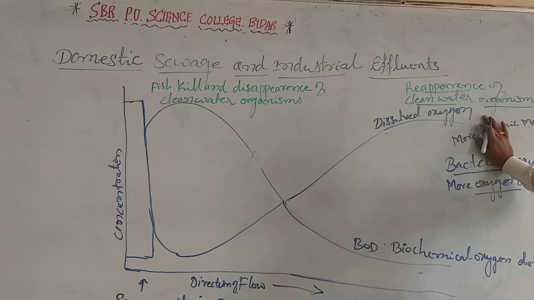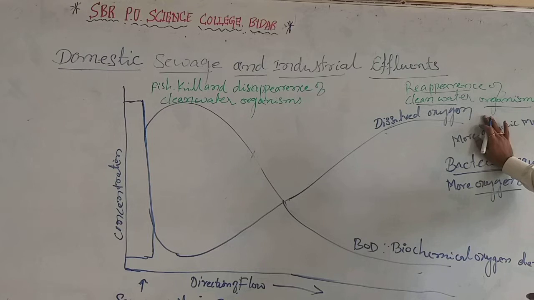It consists of nitrates, sodium, phosphate and ammonia. So these are the nutrients. These nutrients favor organisms that are favorable for growing in polluted water, and they will grow luxuriantly. So whichever organisms are present in fresh water, they will eliminate and kill them.